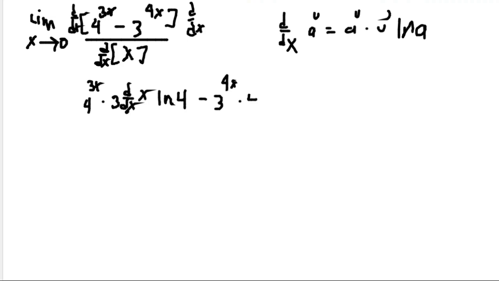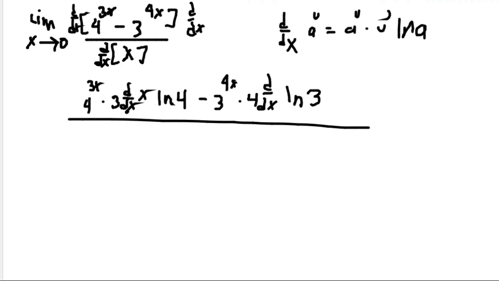We just copy it, multiplied by the derivative of the exponent, so it's 4 times the derivative of x, multiplied by the natural log of 3. And the derivative of x is 1.